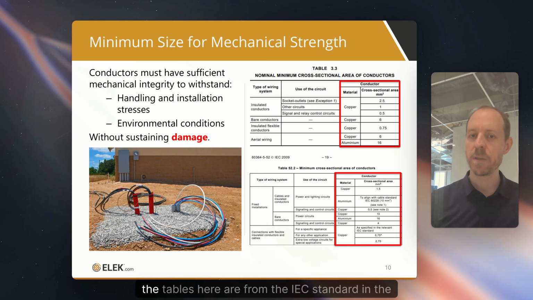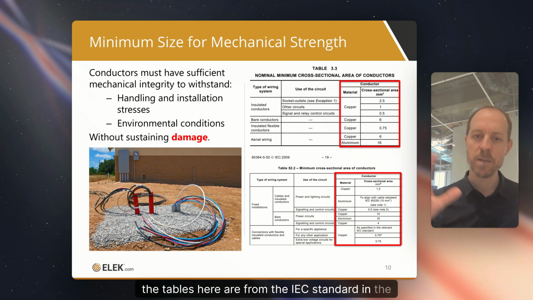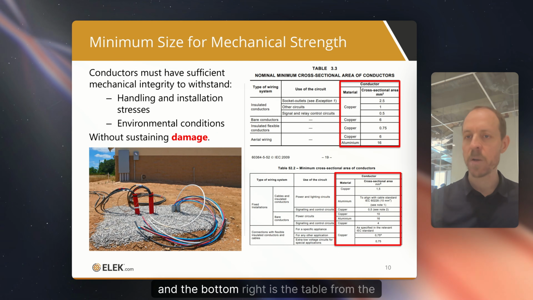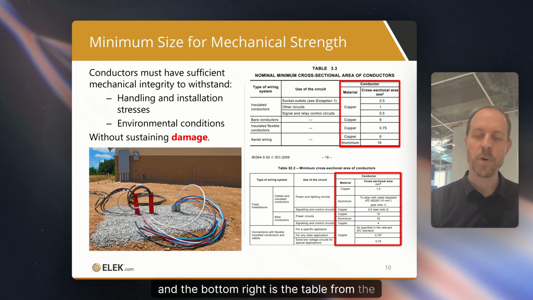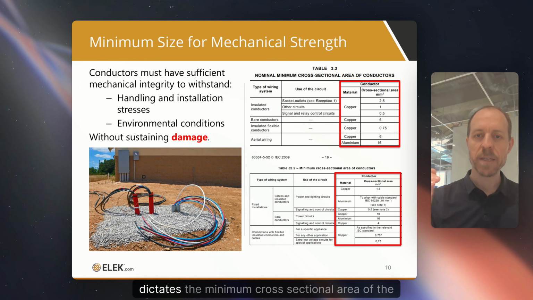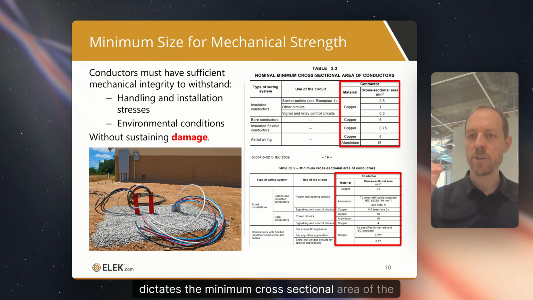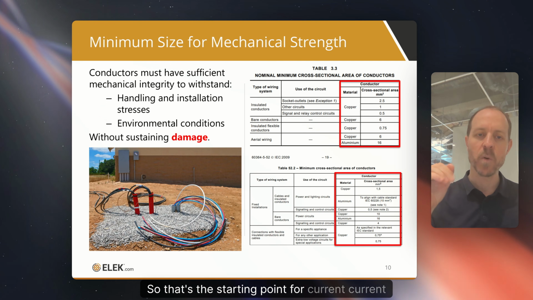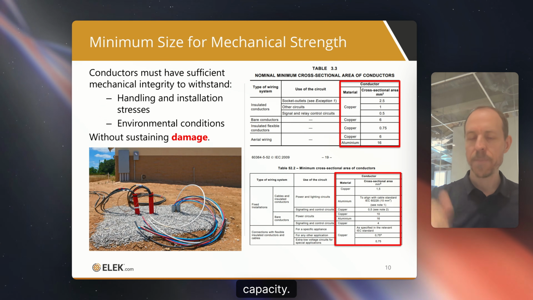For example, the tables here are from the standards. The one in the top right is the Australian standard, and the bottom right is the table from the equivalent IEC standard, which dictates the minimum cross-sectional area of the conductors. So that's the starting point for current capacity.